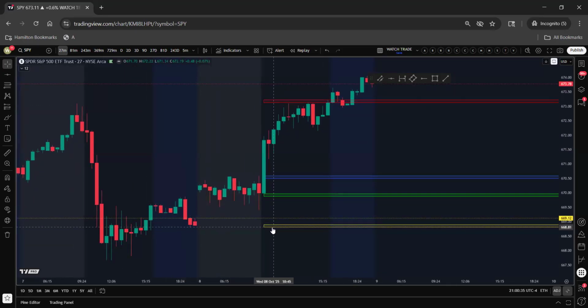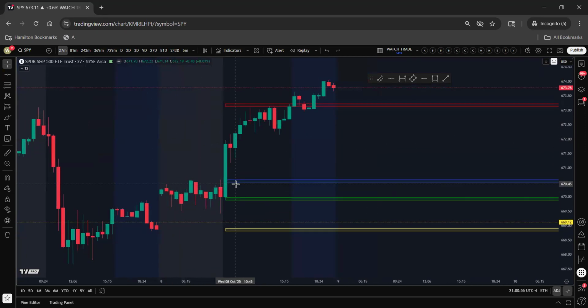The yellow box is going to show us the pre-market and after hours lowest level, the lowest low of after hours and pre-market price action. And the blue is going to show us the highest high of pre-market and after hours price action. So it's going to plot these levels for us.